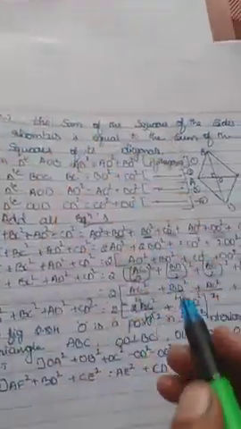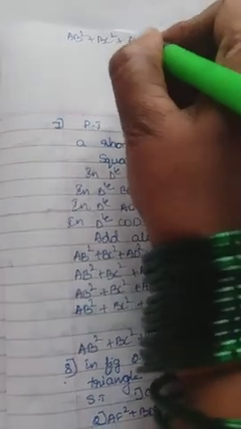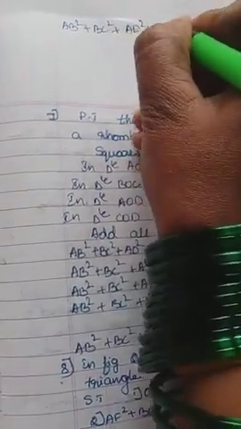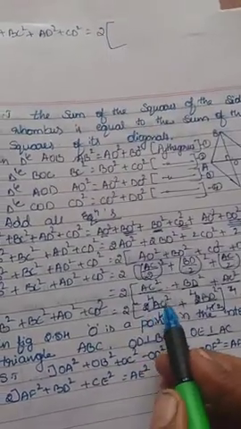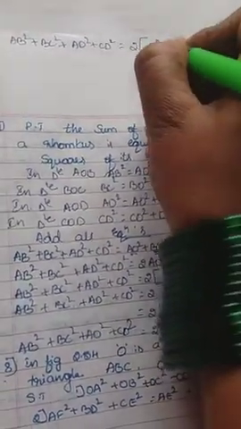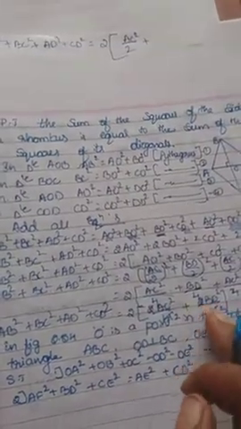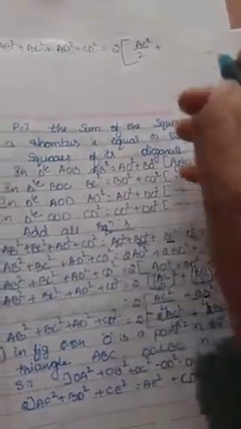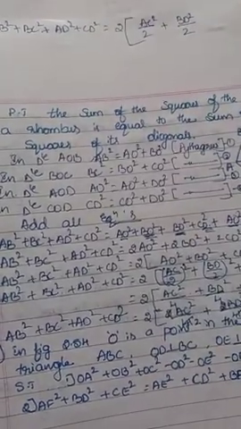So finally the LHS is AB square plus BC square plus AD square plus CD square equals 2 into, inside the bracket, AC square divided by 2 plus BD square divided by 2.